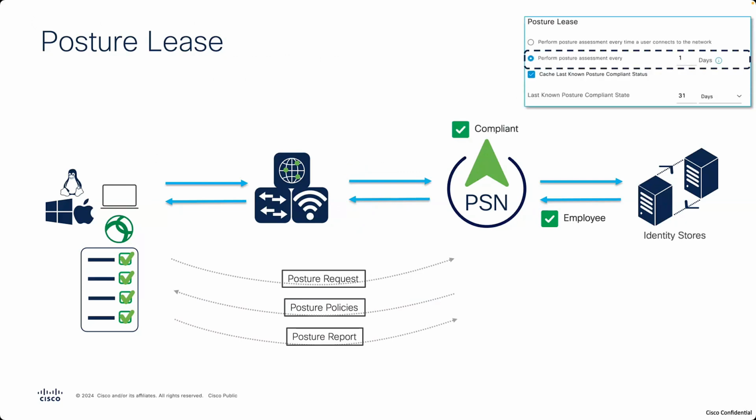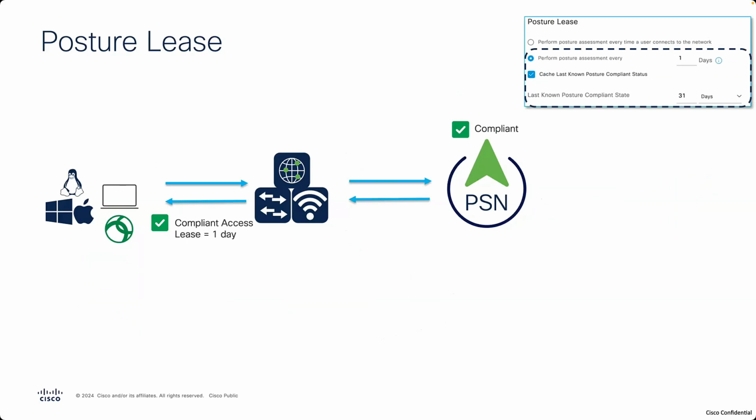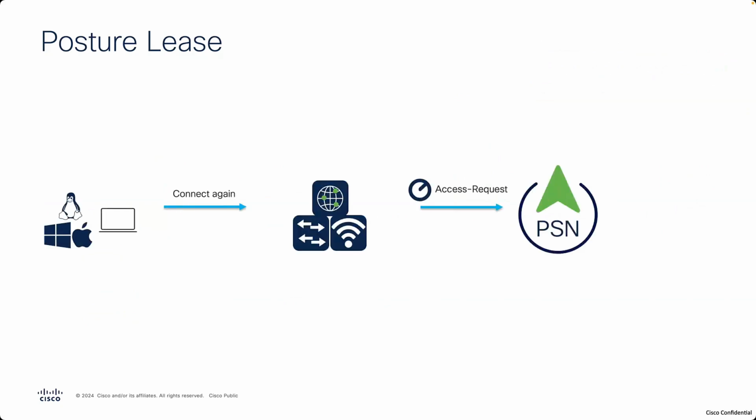Because we have enabled posture assessment on a daily basis, ISE updates its cache with the compliance status, and then the lease period is given to the endpoint. So no matter how many times the endpoint connects to the network within this one single day, it's going to get compliant access right away.